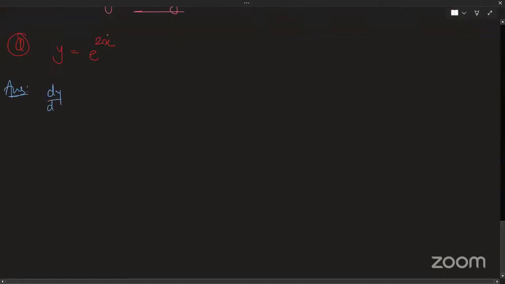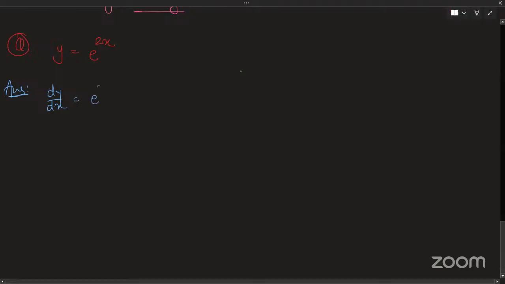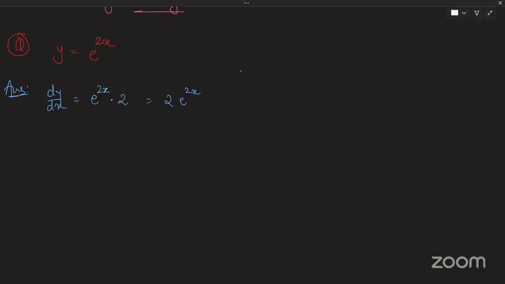Can you tell me what is the value of dy by dx? e raised to 2x into 2, great. So I can write it as 2 e raised to 2x. If all of you remember, can e raised to 2x ever be a negative value?